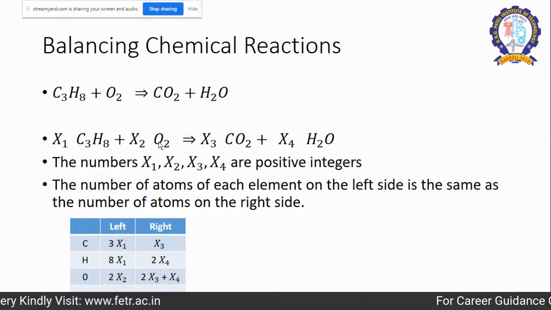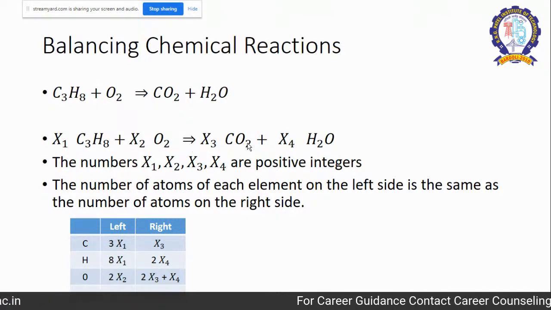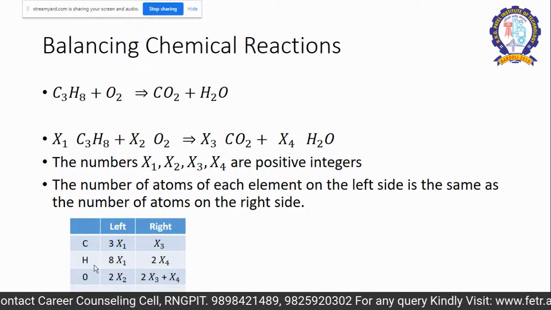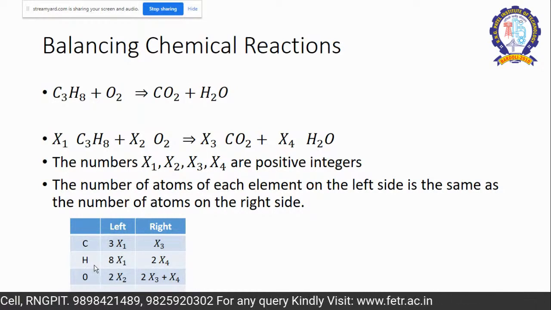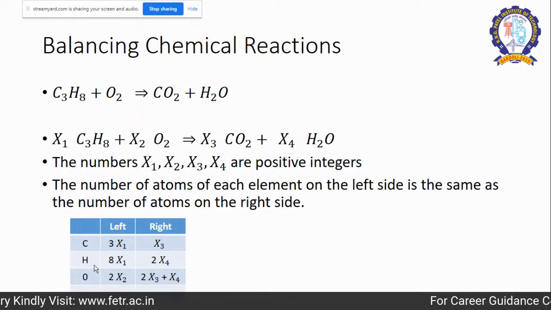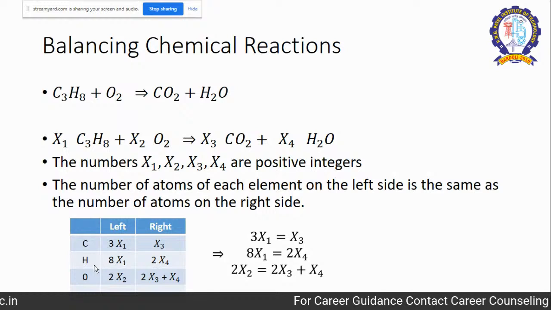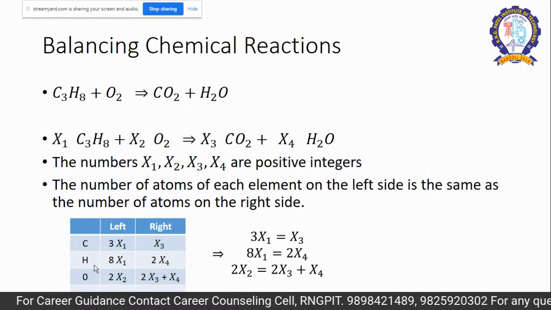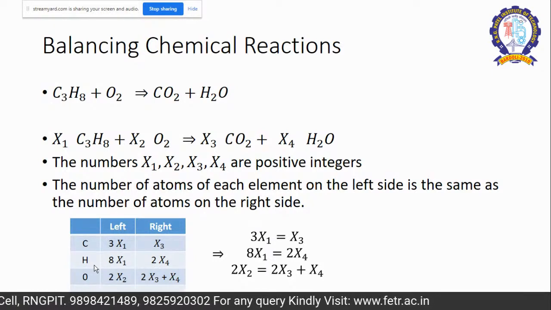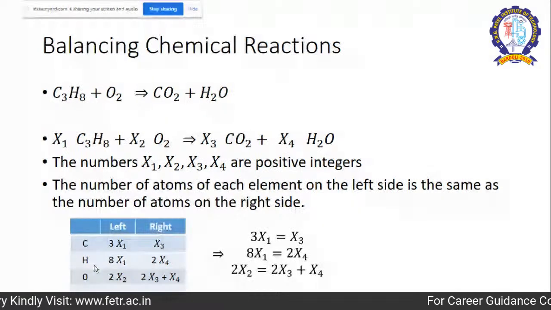For oxygen, we have 2x2 on the left and 2x3 plus x4 on the right. We want to find the values of x1, x2, x3, and x4 so that the chemical reaction becomes balanced. From this we get the balance equations: 3x1 equal to x3, 8x1 equal to 2x4, and 2x2 equal to 2x3 plus x4.